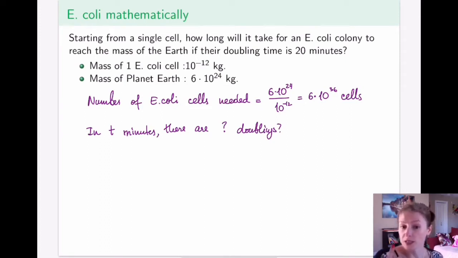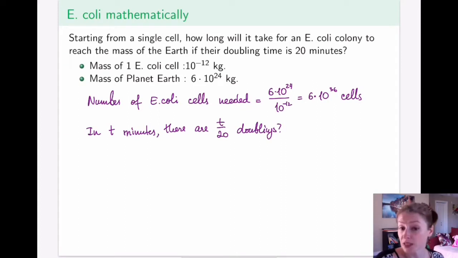In 40 minutes, every 20 minutes, every cell doubles, so 2 doublings have happened, the first 20 minutes and the second 20 minutes. In 60 minutes, there were 3 doublings, the first 20 minutes, the second and the third. So in t minutes, there are t divided by 20 doublings.